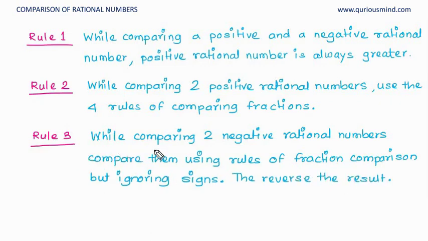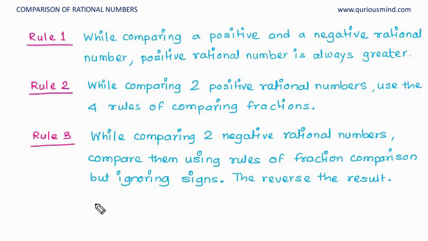Rule 3. While comparing two negative rational numbers, compare them using rules of fractions as we spoke in the earlier rule, but ignoring signs. So you have to compare, but you have to first ignore the signs and then reverse the result. What does it mean? Let's see.